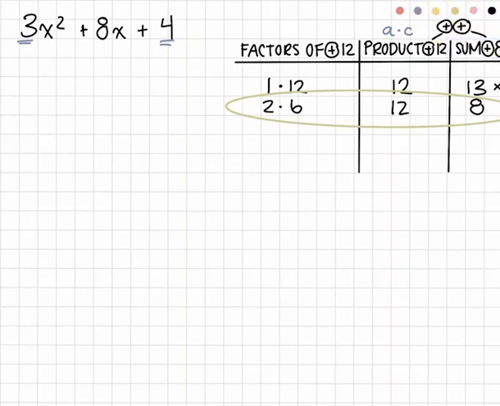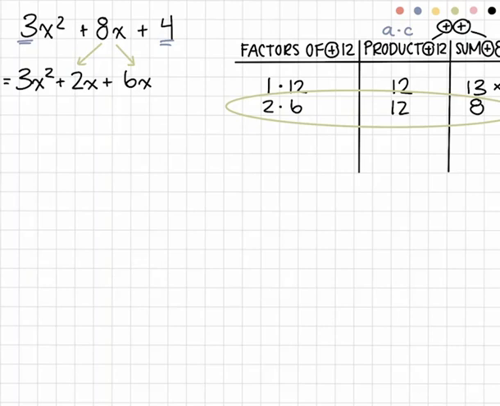So let's do what we did in the last example, which is we bring down that first term. Nothing happens there yet, right? And then we're going to break apart this middle term, this 8x. If we break apart this 8x into the 2 factors we just found, we're going to get 2x and 6x, right?